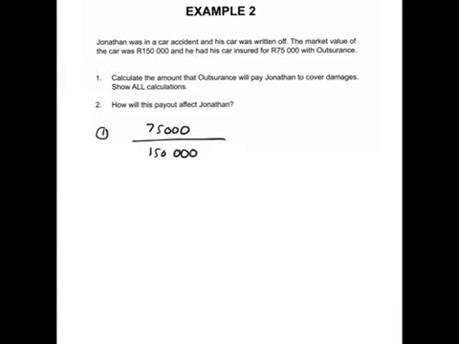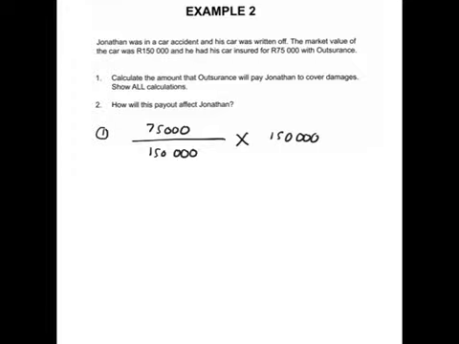We said the calculation is the amount we're insured for divided by the market value of the property multiplied by the claim amount. So the amount we are insured for is 75,000 Rand divided by the market value of the car, which is 150,000 Rand, and the claim amount in this case is going to be the full market value of the car because the car was written off and is damaged completely.